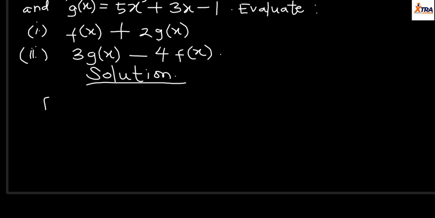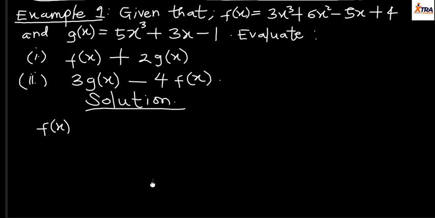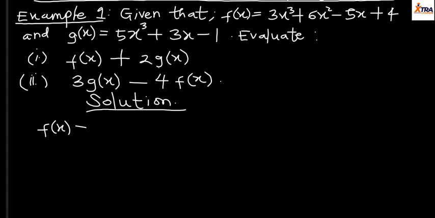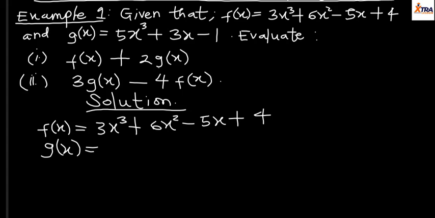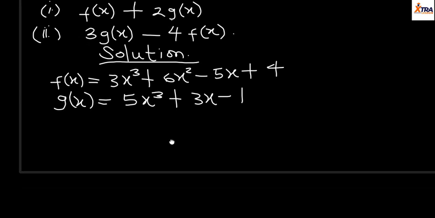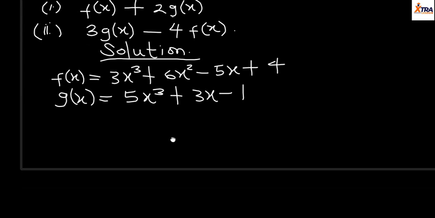So first of all, we are given f of x, which is 3x cubed plus 6x squared minus 5x plus 4, and g of x is 5x cubed plus 3x minus 1. For figure 1, I need to find f of x plus 2g of x.